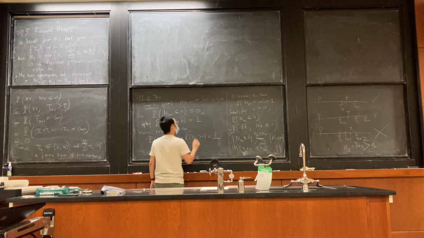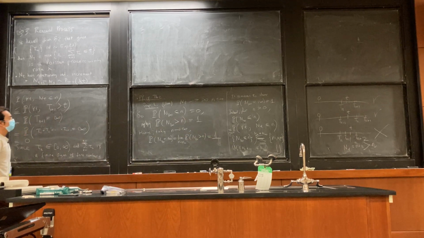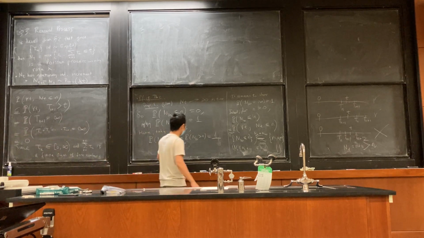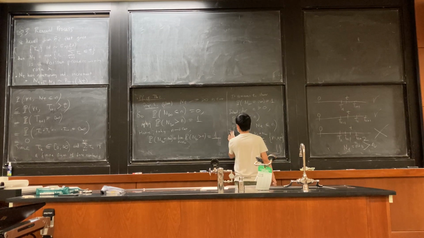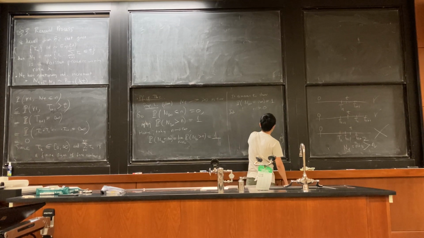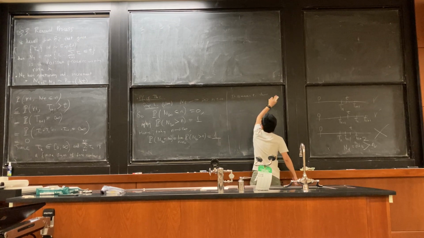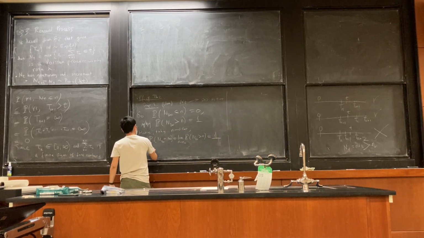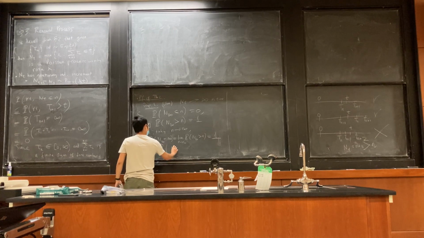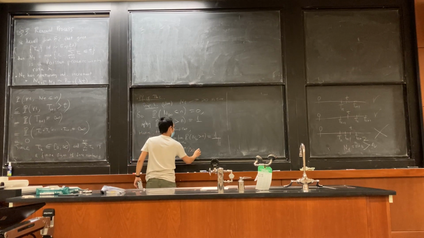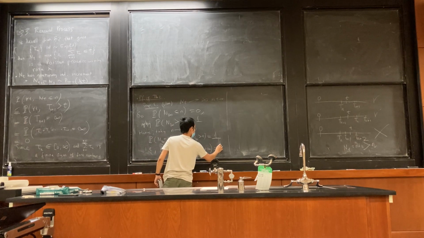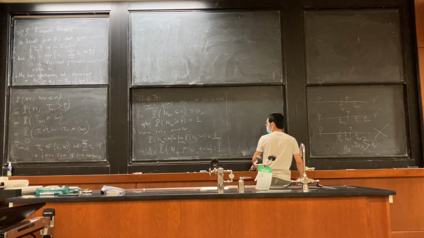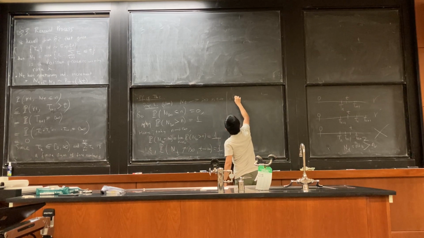That's what you want. All right, so that's step 1. So, in other words, the probability of N_t going up to infinity, as t goes to infinity, is an event of probability 1.